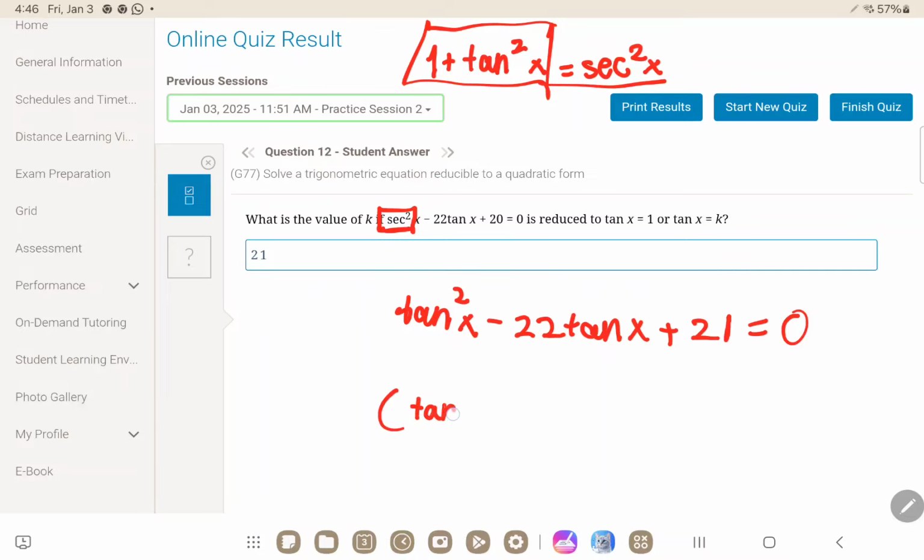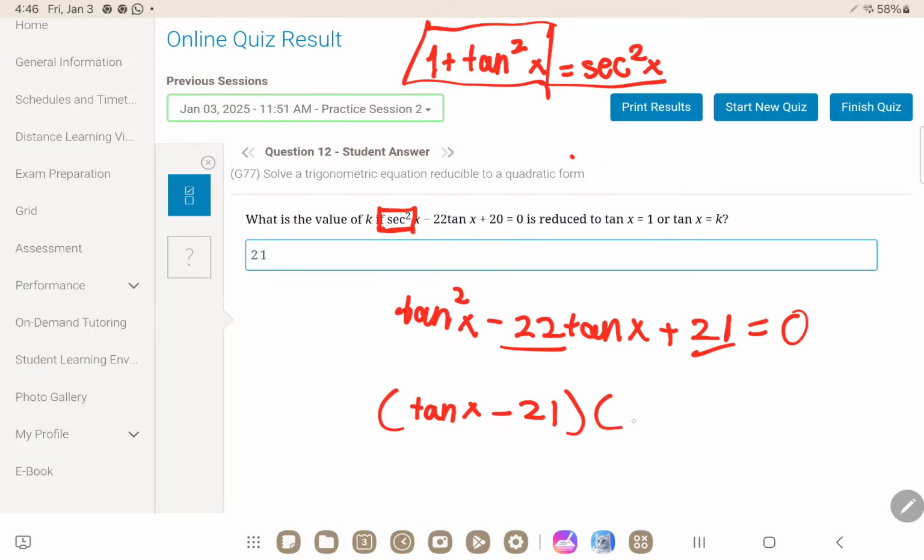So tan x times, plus 21. You need to find which two values, when you multiply them give you 21, and when you add them give you negative 22. Here you can see that negative 21 times negative 1 gives you positive 21, but when you add them they give you negative 22.